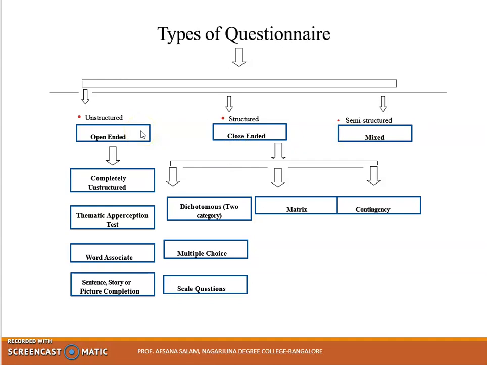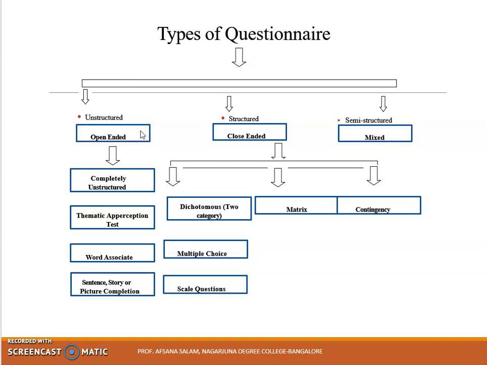open-ended questions. Unstructured open-ended questions help you to collect qualitative data in a questionnaire, where the respondents can answer in a free form with little to no restrictions.